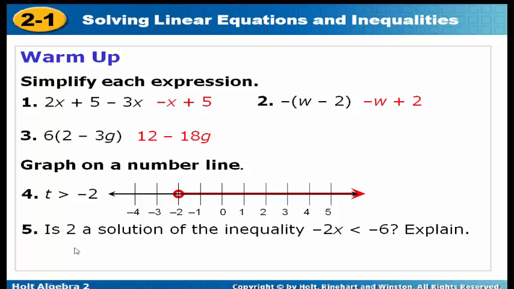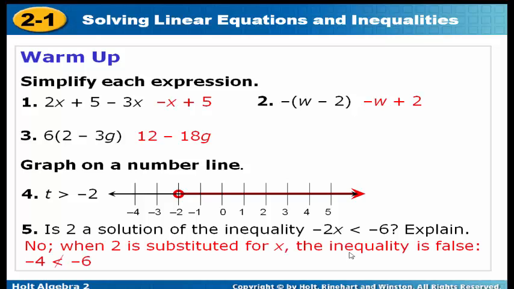Is negative 2 a solution of the inequality x squared smaller than negative 6? Is negative 2 a solution? When negative 2 is substituted for x, negative 2 times negative 2 is 4.